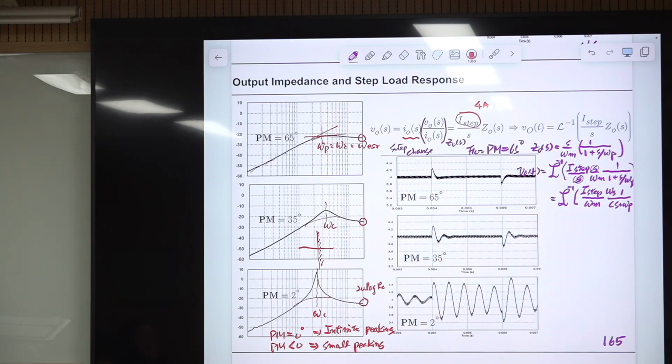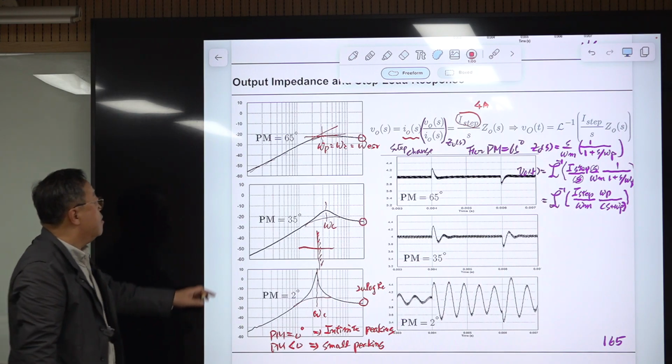Oh, not this. Should be omega p. Okay, let me simplify this. Okay, so this whole thing comes inside of this bracket. This one, okay. This is the second thing, okay.